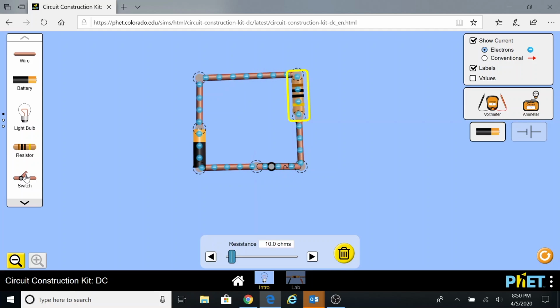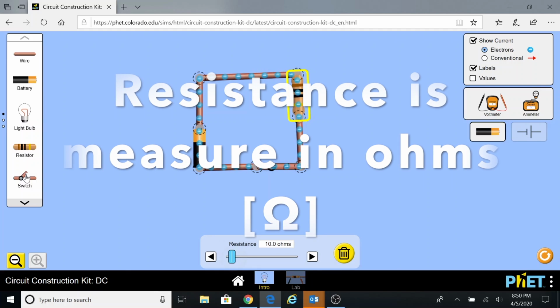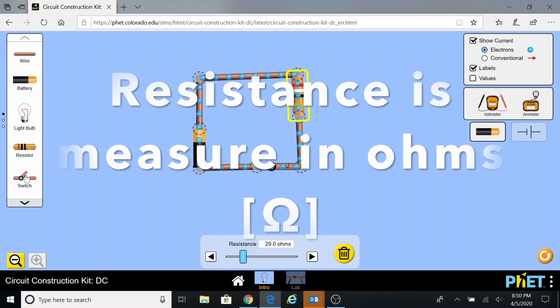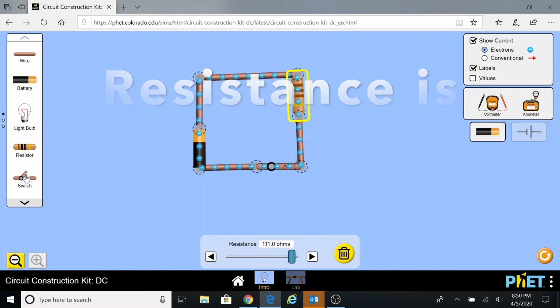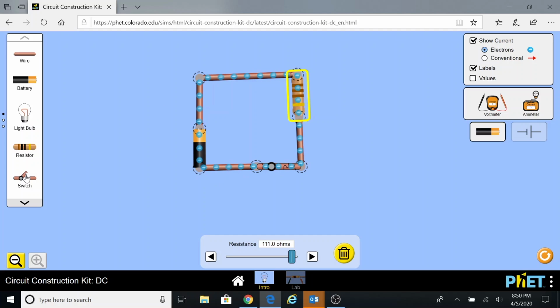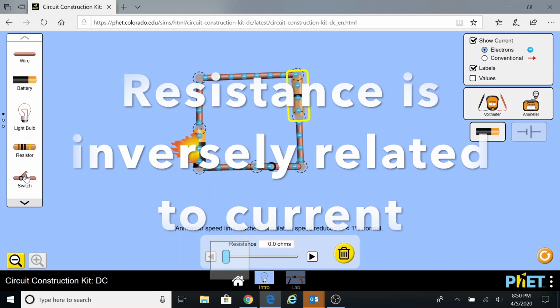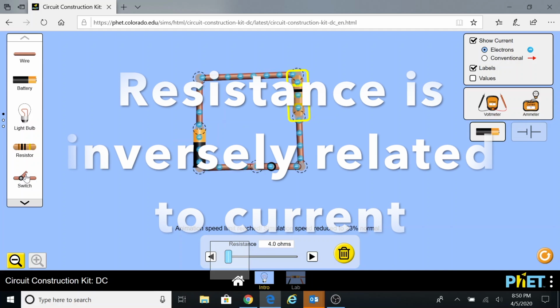The value of the resistor is in ohms. Okay? And the greater the value, basically, the slower the electrons flow. So, the lower the value, the faster the electrons flow, and if it's 0 ohms, it's like not having a resistor there, and nothing useful happens.